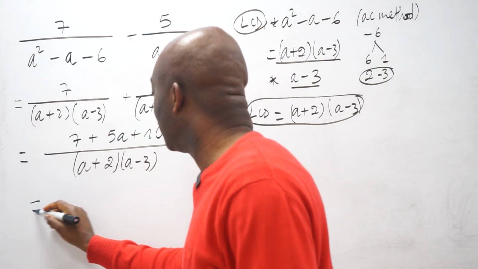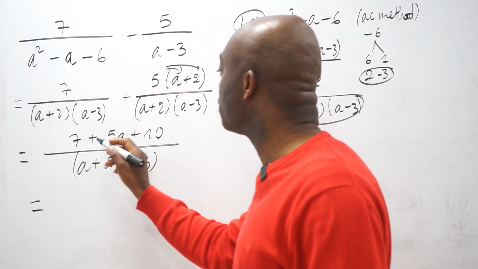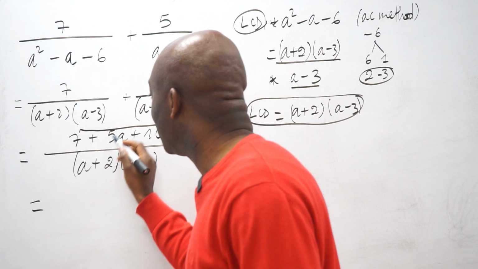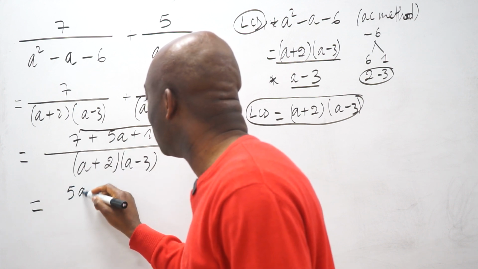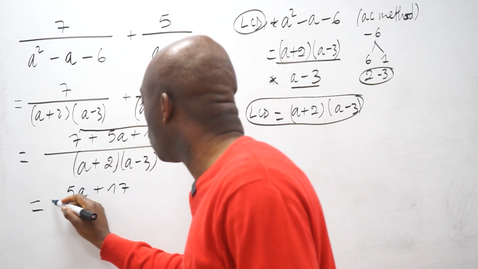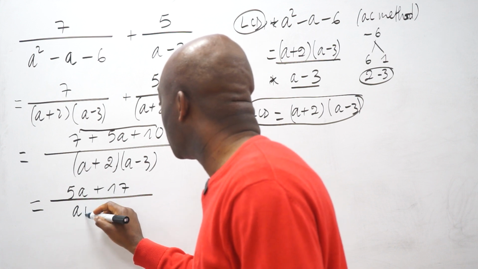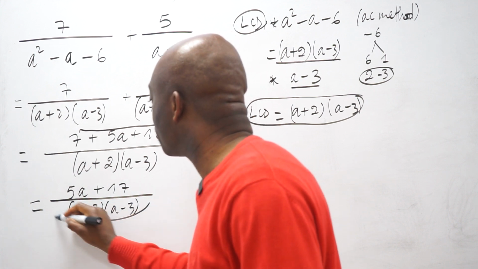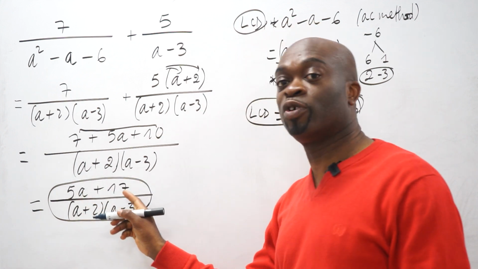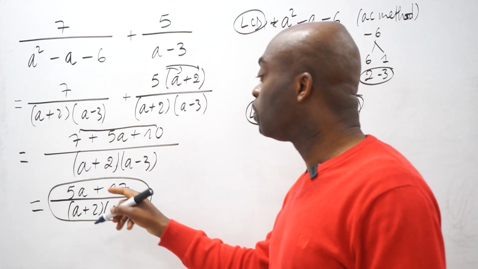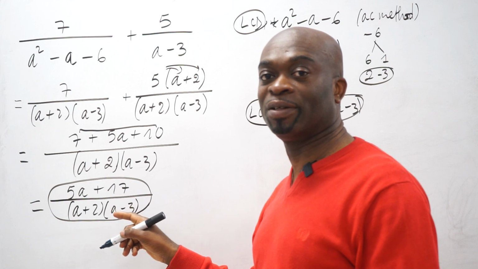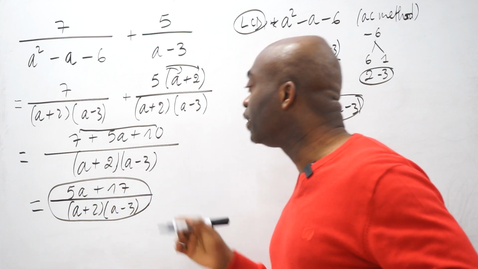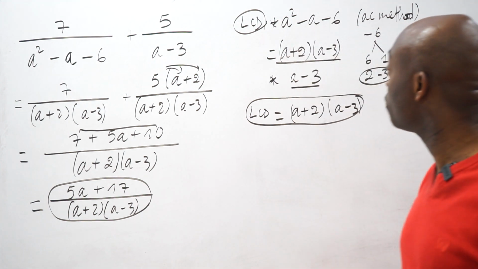Once you rewrite it and combine like terms, 7 plus 10 gives us 17, and then 5a, so you have 5a plus 17 over a plus 2 times a minus 3. Remember, it doesn't matter if you put 17 first and 5a after. So this one's 5a plus 17 over a plus 2 times a minus 3. Ladies and gentlemen, you are finished with this problem.